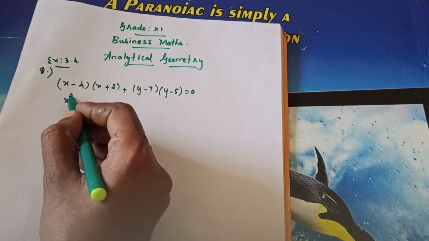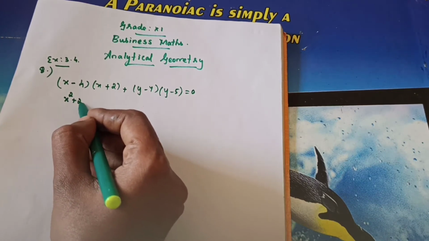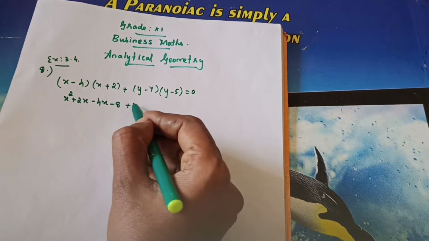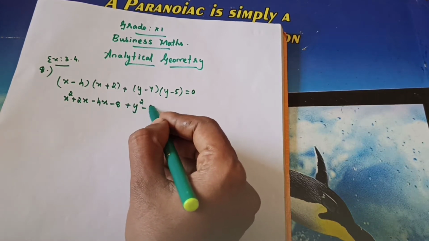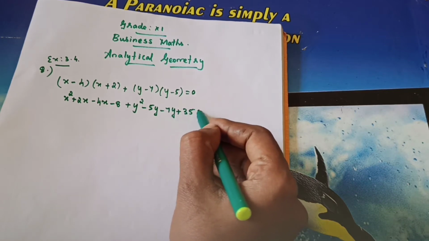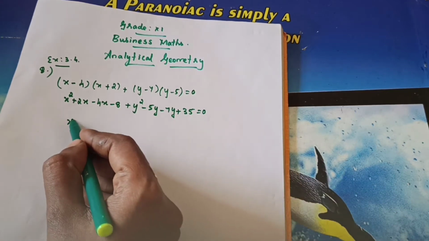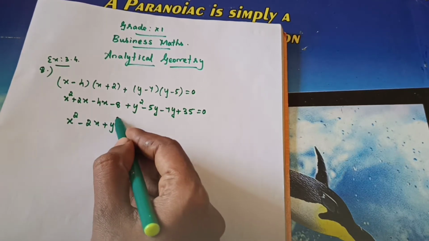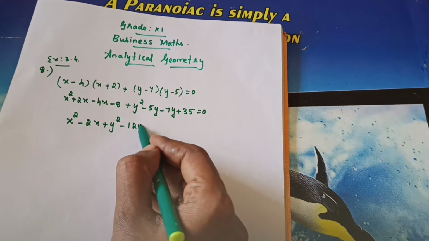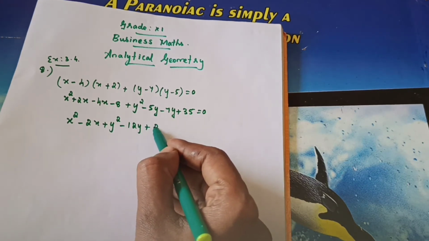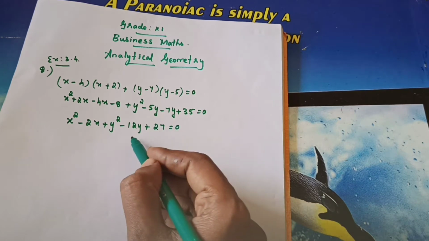Multiply inside: x square plus 2x minus 4x minus 8, then plus y square minus 5y minus 7y plus 35 is equal to 0. X square minus 2x plus y square minus 12y plus 35 minus 8, means plus 27, is equal to 0.